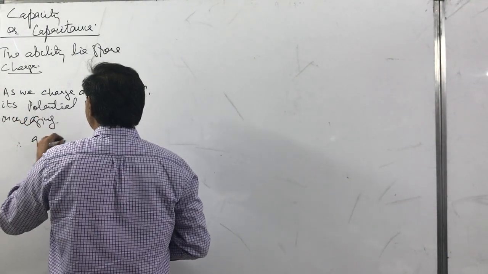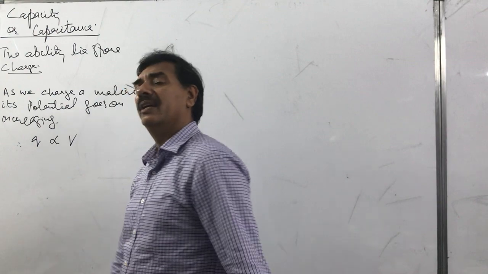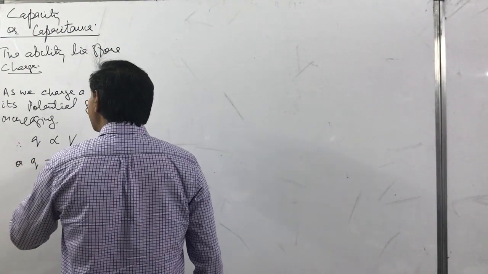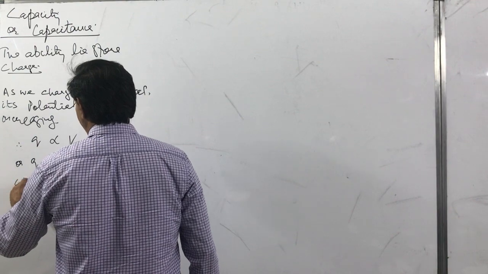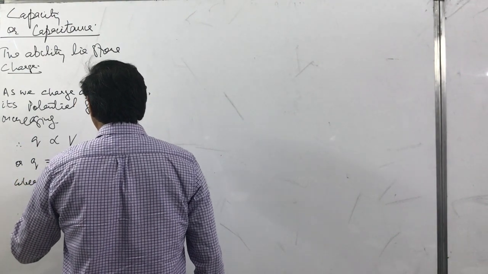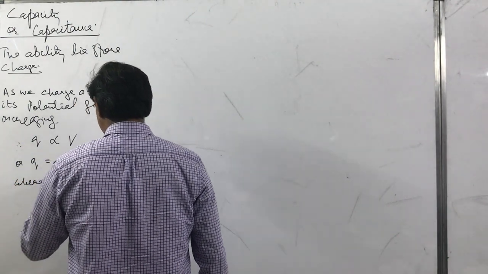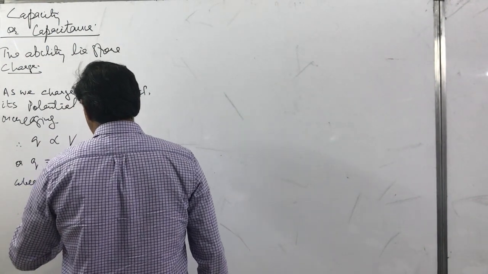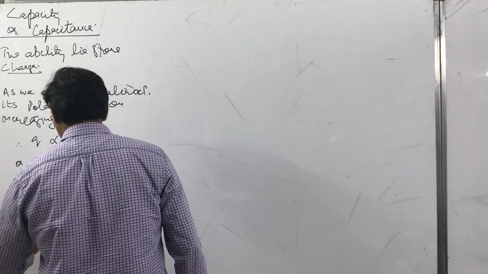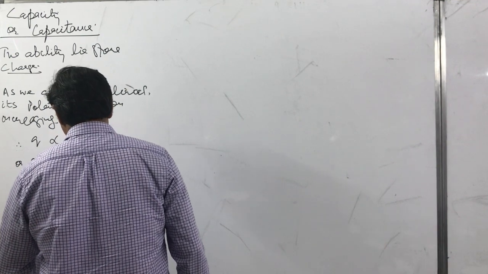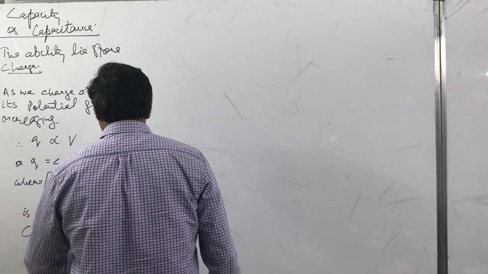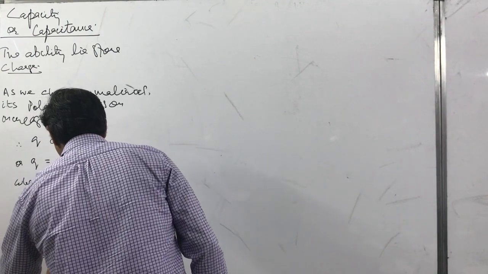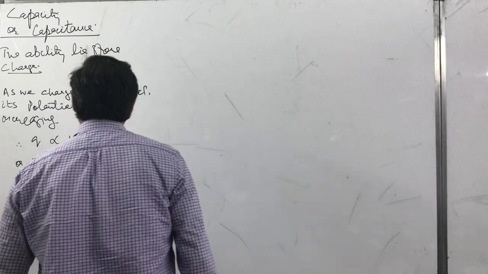Therefore, Q is directly proportional to V, or Q is equal to C into V, where C is equal to Q by V is called the capacity, or simply capacitance.